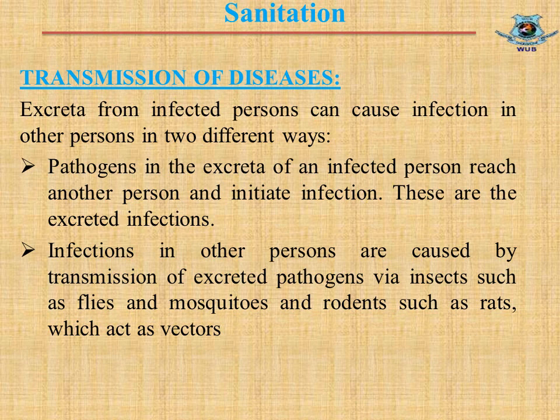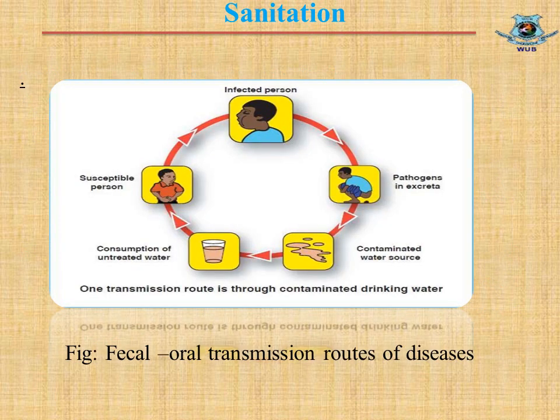And the second one, infections in other persons are caused by transmission of excreted pathogens via insects such as flies and mosquitoes, and rodents such as rats, which act as vectors. This is via other means which may cause a vector-borne disease. The figure shows the fecal-oral transmission routes of disease via drinking water.